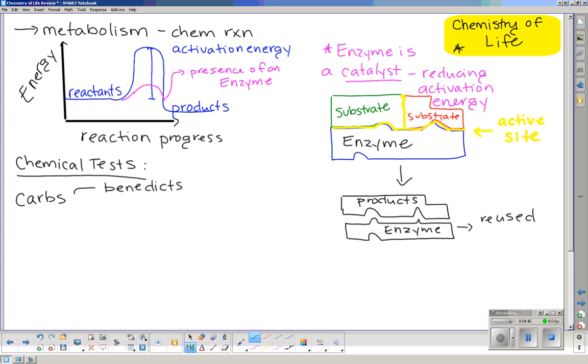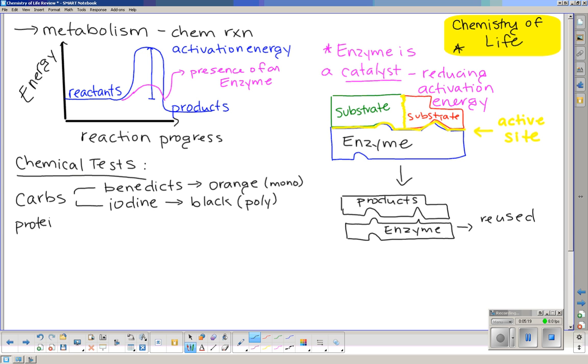Benedict's tested for reducing sugars, and this turned orange in the presence of monosaccharides or disaccharides. The other kind of carbohydrate we tested for was polysaccharides, and we did so by using an iodine test. Iodine goes from amber to black, and the specific polysaccharide that we were testing for is starch.